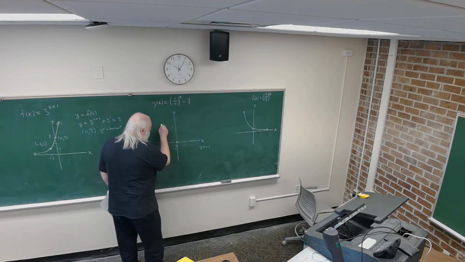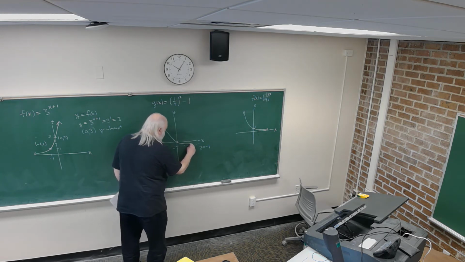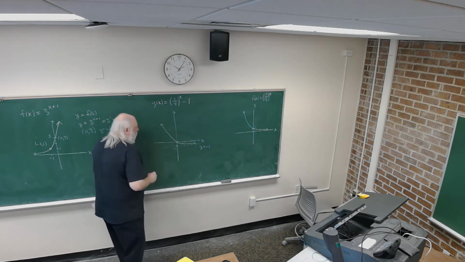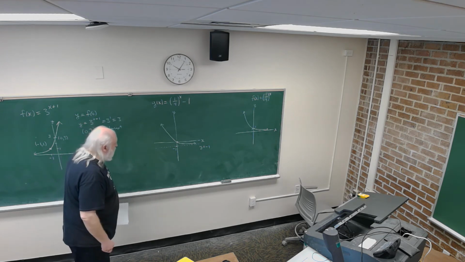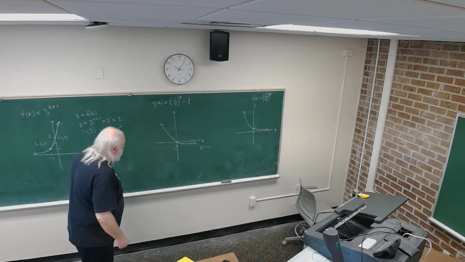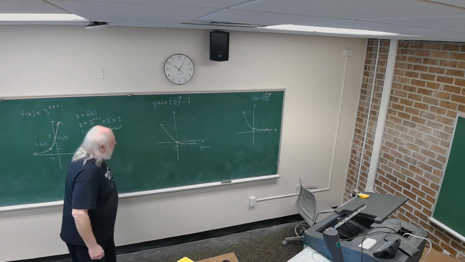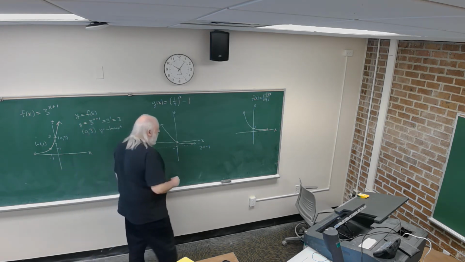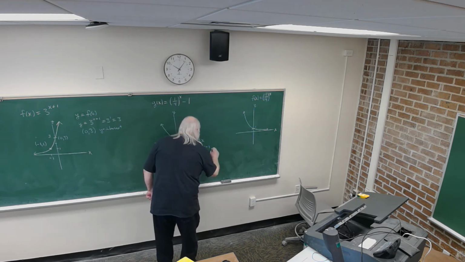And so the graph comes down, goes through the origin, and flattens out to the right, right above the horizontal line y equals -1. So the y-intercept is now at y equals 0, the origin, and y equals -1 is the horizontal asymptote.